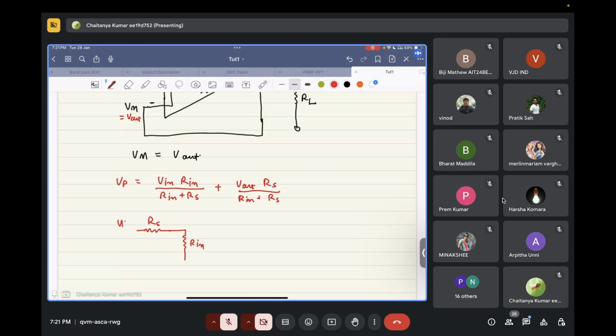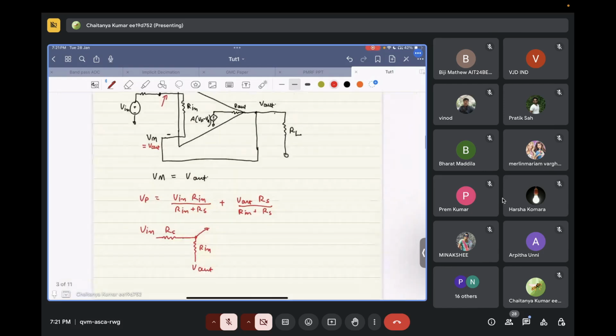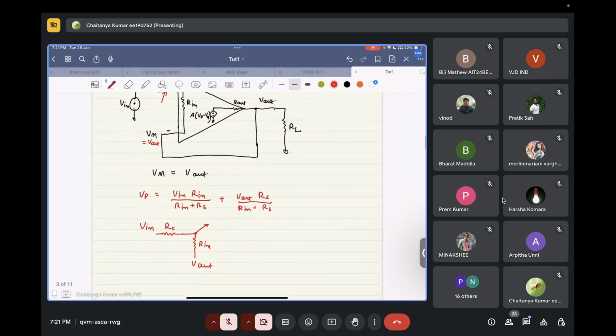This is our Vin, and this is our V out. We want to find this particular voltage.